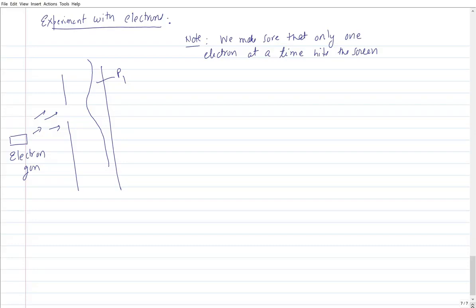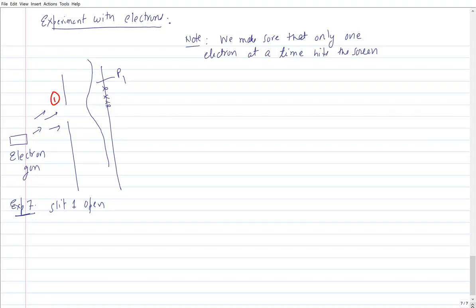What I do is that I collect, click, click, click, click. Let me call it slit 1 open again. Maybe this is experiment number 7 or something like that. So what do I observe?